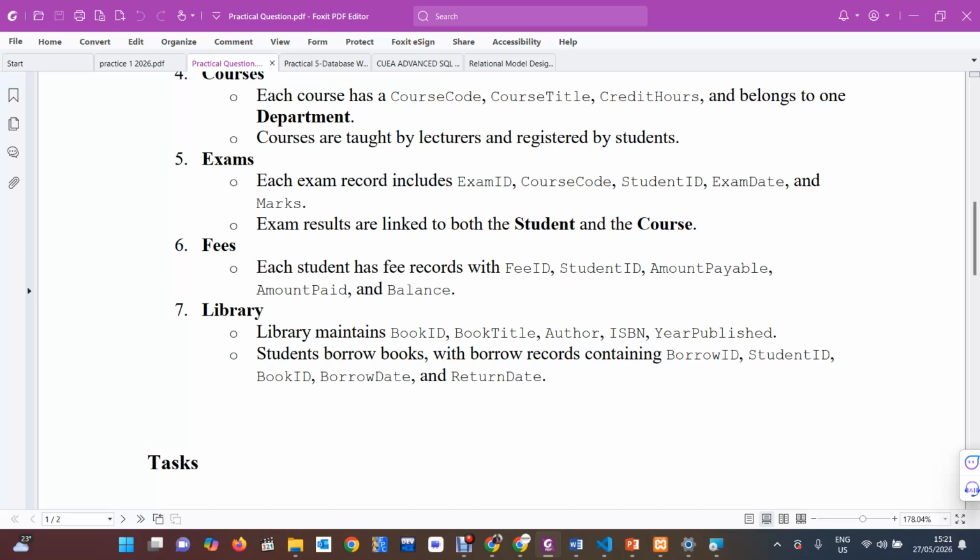The library maintains book ID, book title, author, ISBN, year of publication. The students borrow books with borrow records containing borrow ID, student ID, book ID, borrow date, and the return date.